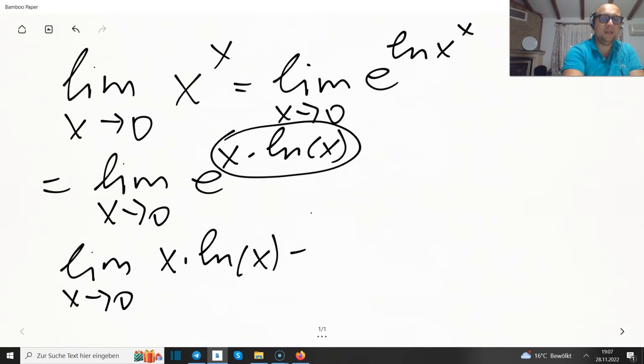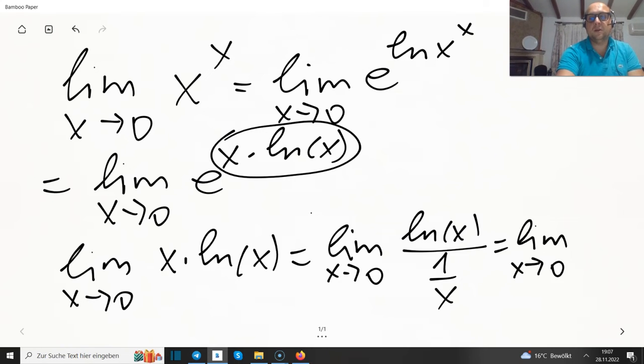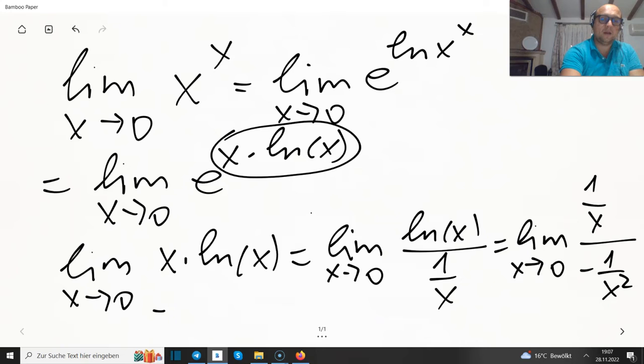It's not directly the case for L'Hopital yet, but if we rewrite it as ln of x divided by 1 divided by x, now it is the case for L'Hopital. So that means we're going to get 1 divided by x here and minus 1 divided by x squared there. Now we can move on.